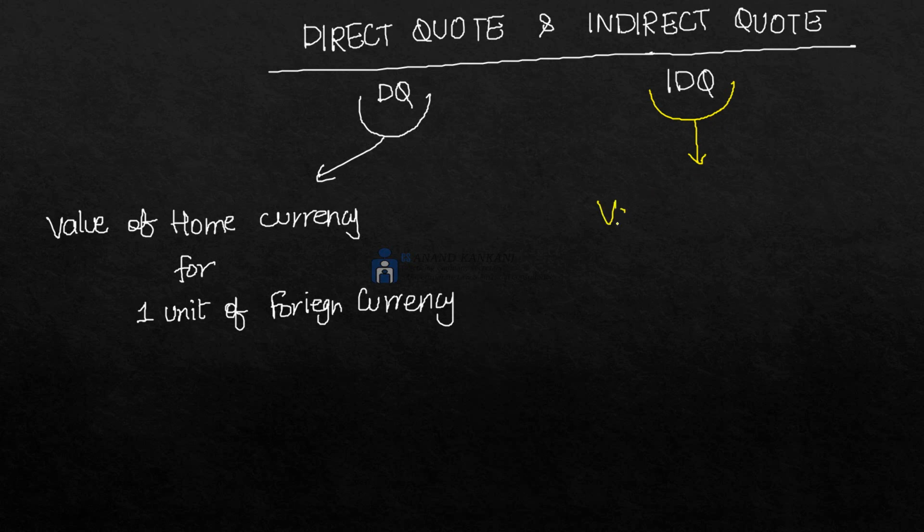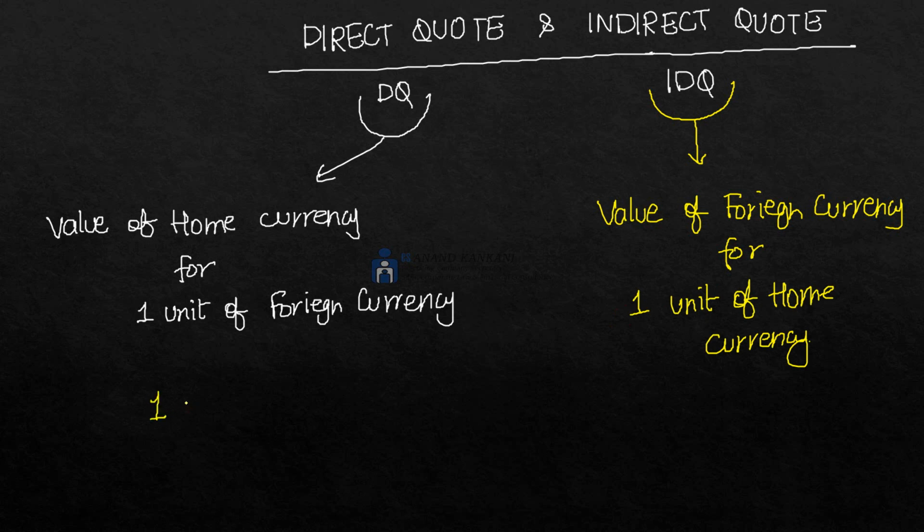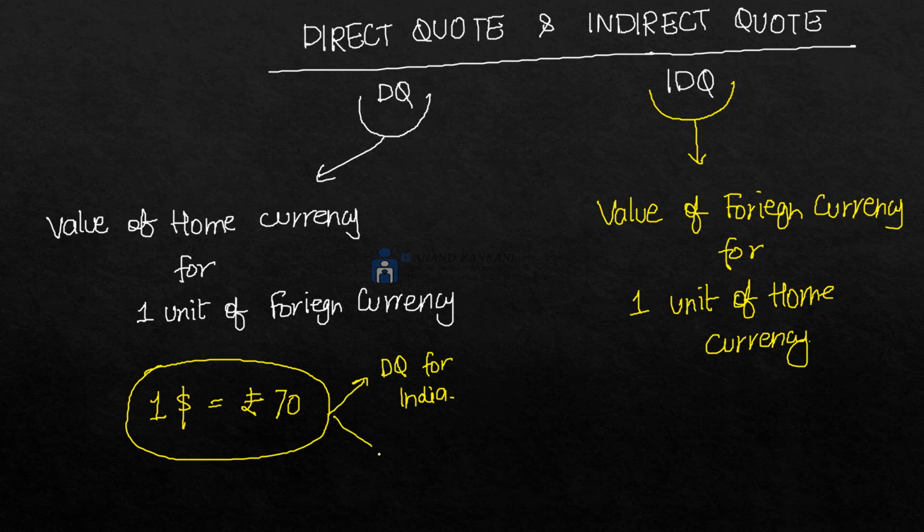It will represent the value of foreign currency for 1 unit of home currency. So if I mention $1 is equal to rupees 70, what does this represent? This is a direct quote for India, but this is an indirect quote for USA.